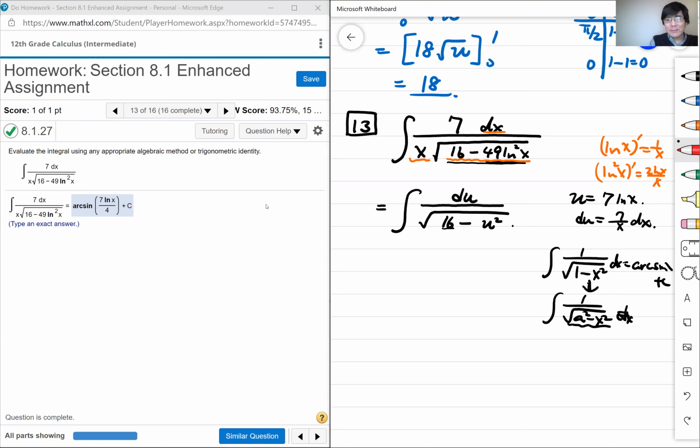So let's put 16 outside of the right integral. So factor out 16, you want to get this. Okay, so that's going to become 1/4 integral of du over square root of 1 minus u over 4 squared.